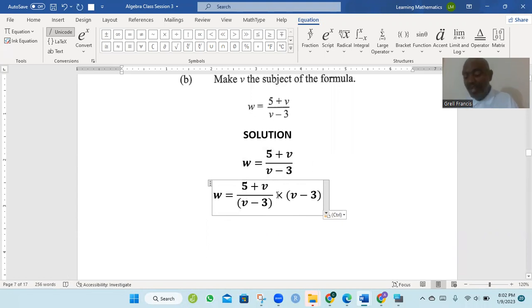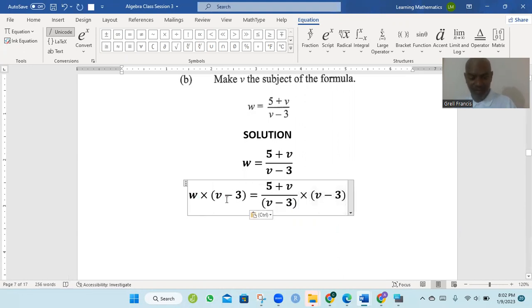Now to make the equation balance, if we multiply by V minus 3 on the right, we have to multiply by V minus 3 on the left. What you do on the right, you have to do on the left. The golden rule of algebra. What you do on the left, you have to do on the right. So we multiplied by V minus 3 on the right.